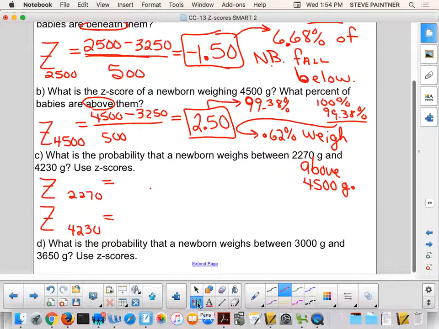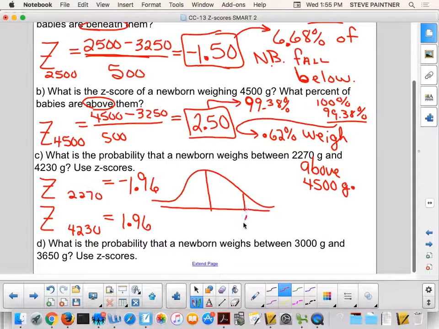This side of the room, 2270 is what? Negative 1.96. That side of the room, 4230 is what? 1.96. Now, here's the deal. You want the probability that a newborn weighs between this and that. Think of this as your bell curve, where the z-score is 0.